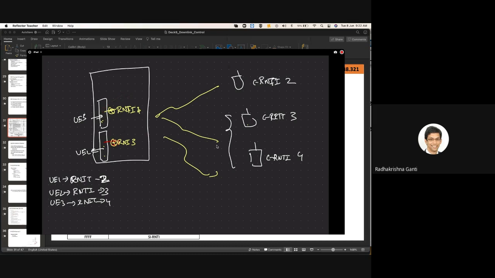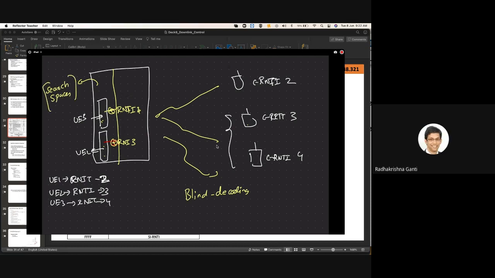One more thing I want to teach you here is that this is what is called blind decoding, in the sense that they actually don't know at which point which core set corresponds to which UV. So the UV only knows the location from which it has to extract the information and then unscramble, the time and frequency location.